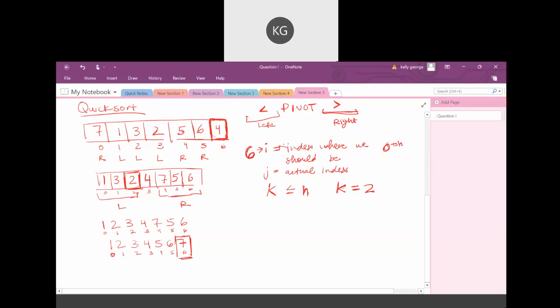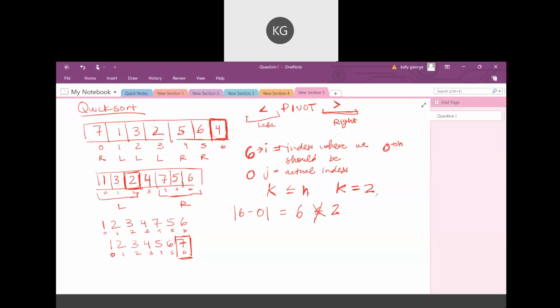If we look at this first part right here, 7 is actually in the 0 index. So 6 minus 0 would equal 6, which is not less than or equal to 2. We want to stop when where i is and where j is are 2 apart or less. That's when we can stop sorting. So in the original array, we have to keep sorting.